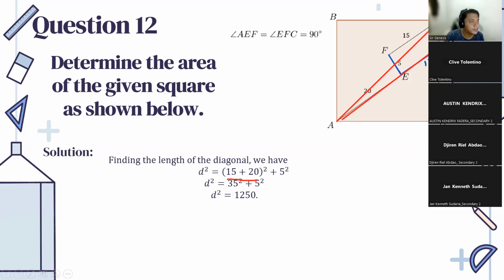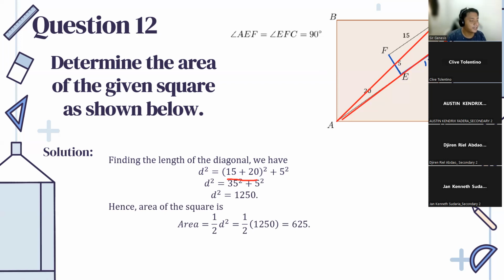Okay, so we have the diagonal, so we can solve for the side, right? And then get the area. But there is also another formula for the area of the square. That is 1/2 d squared. So instead of solving for the side and then just squaring it, you can actually have 1/2 d squared.